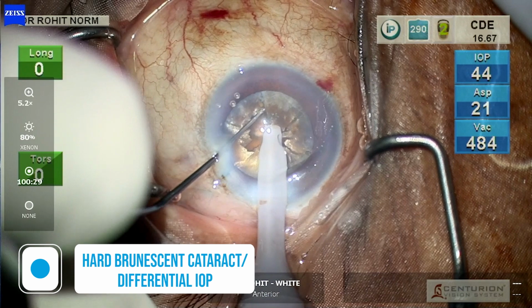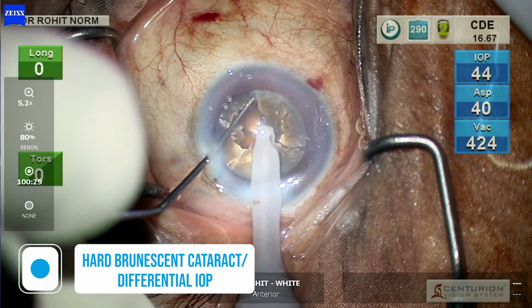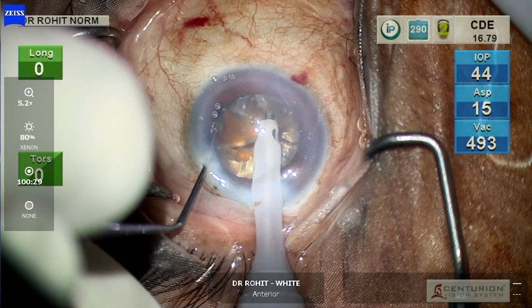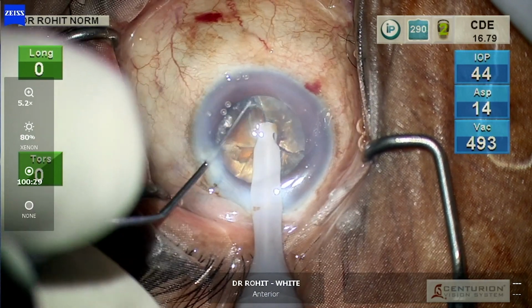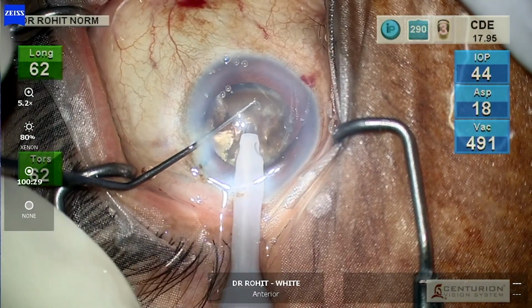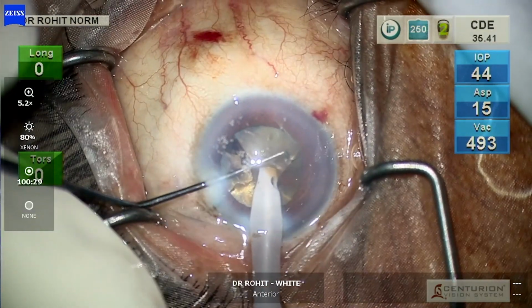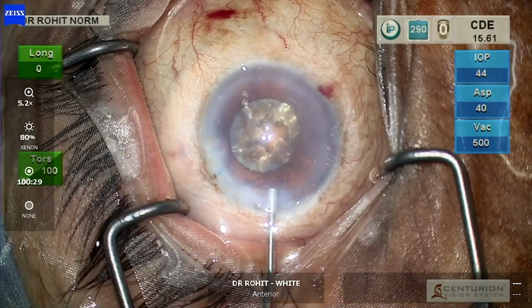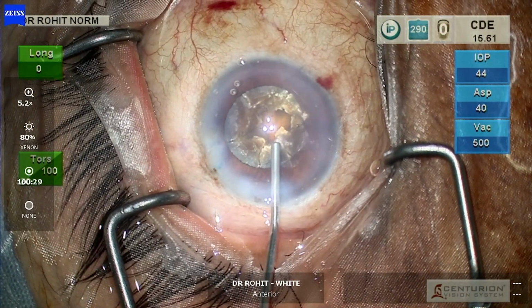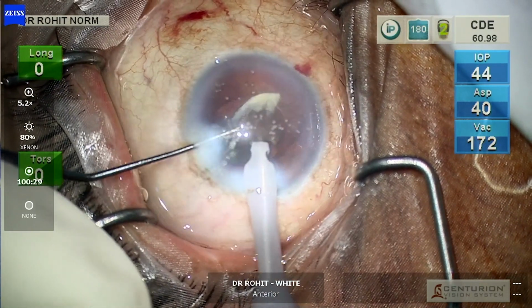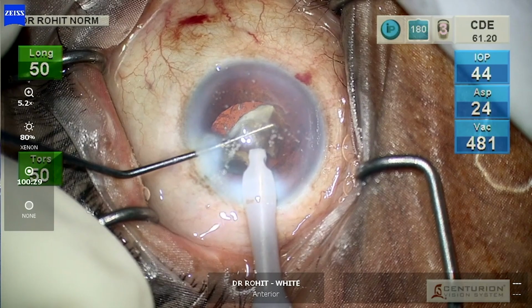IOP is increased to 44 mm for quadrant removal to increase inflow adequately. At this IOP, increased AC depth increases working space and decreases mechanical trauma. Since moderate fluidics are being used, turbulence in AC is not high. OVD is replenished for corneal endothelial protection. And this IOP is much below the closing pressure of central retinal artery.